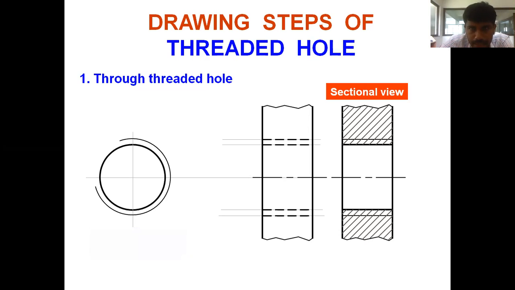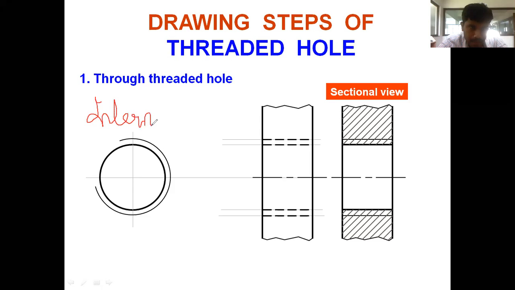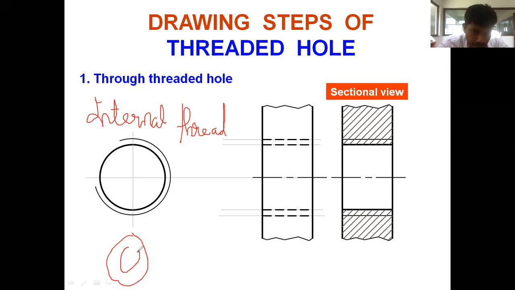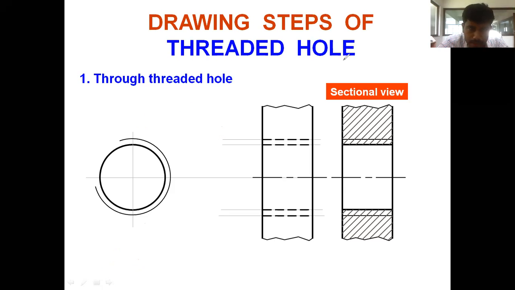This is for the internal threads, and previously what we have shown here was for external. For external, it is reversed: full circle, and for internal, an arc. So that will give you all these things.